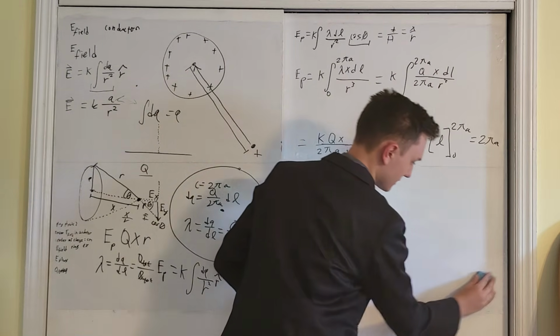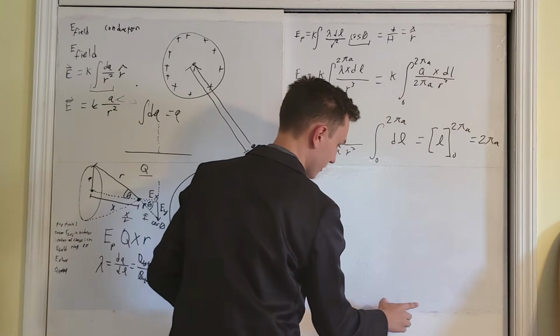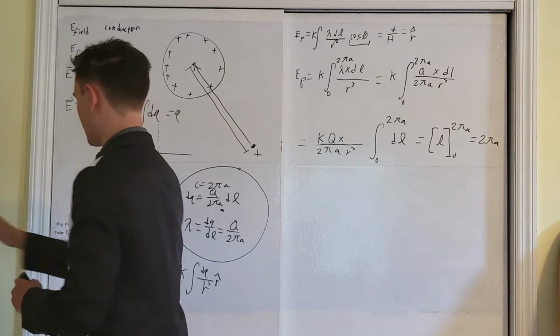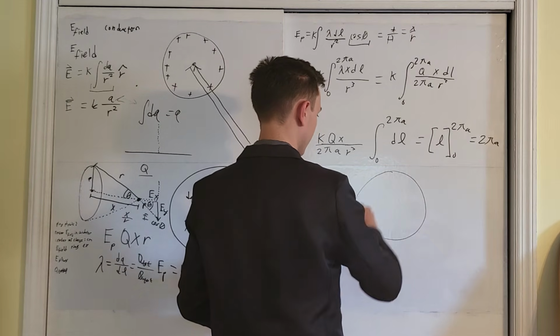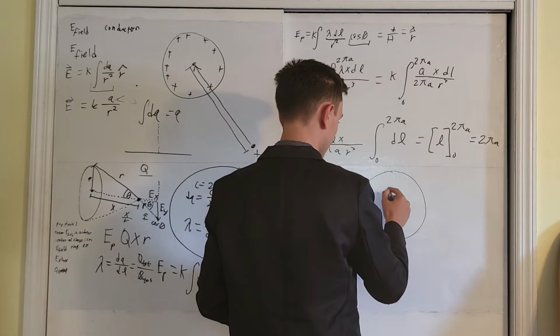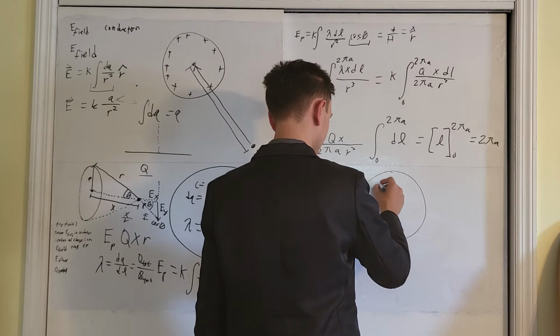The hard part about this is when you are constructing a Gaussian surface that is not outside the sphere but inside the sphere. So again, I'm going to draw my sphere here, but I'm going to draw my Gaussian surface within the sphere.